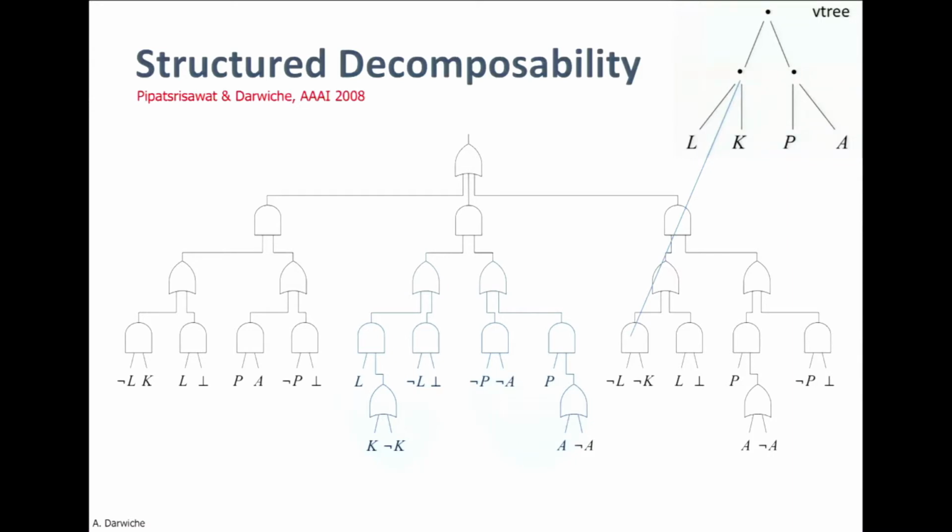What that basically means is stronger property means I can do more things. And one of the things you can do in this case is you can take two circuits and conjoin them now efficiently. You couldn't do that before structured decomposability. The details are not that important, except to realize that it's a stronger version of decomposability.